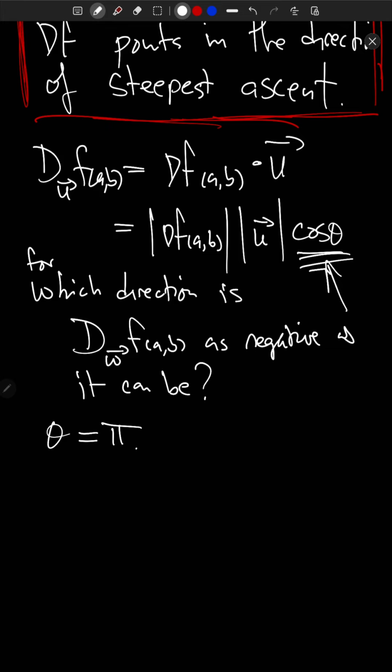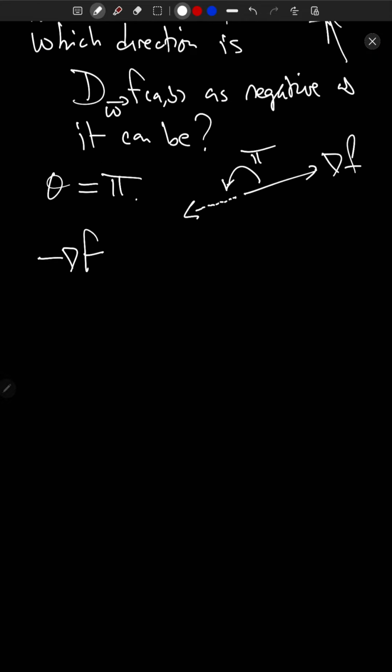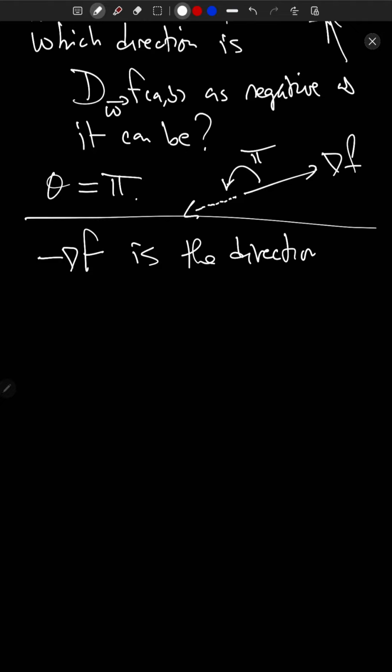That means that I have gradient f in this direction, and my w, the direction in which the directional derivative is as negative as it can be, is the exact opposite direction. So minus gradient f, which is this opposite direction, is the direction of steepest descent.